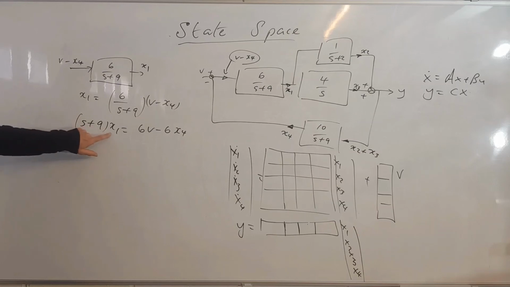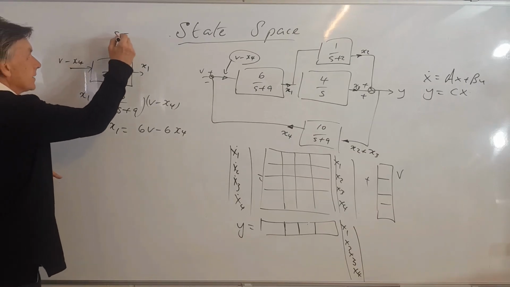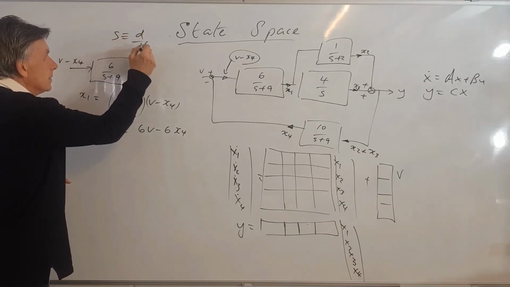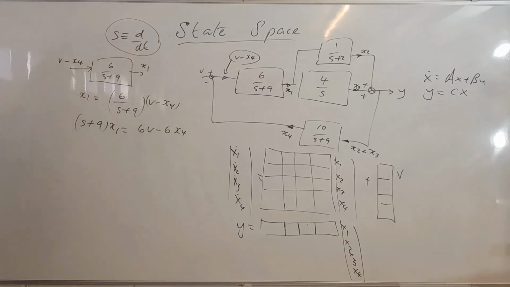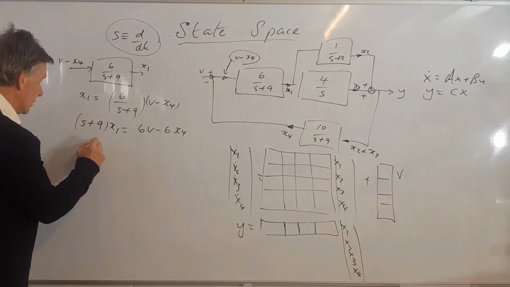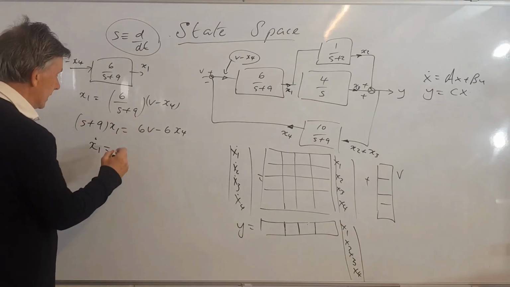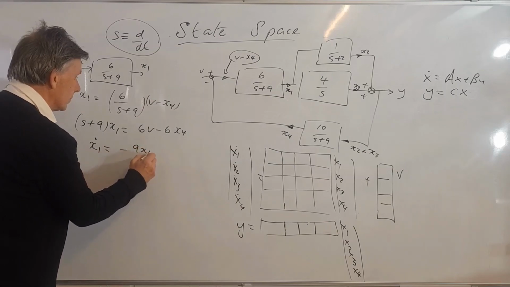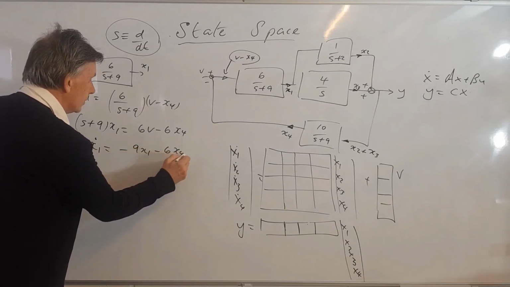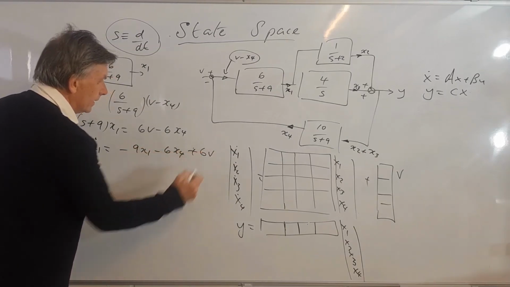Now s represents d by dt, that's the trick here. So s times x1 is x1 dot. Then 9x1 on the other side becomes minus 9x1. So it's x1 dot equals minus 9x1 minus 6x4 plus 6v.